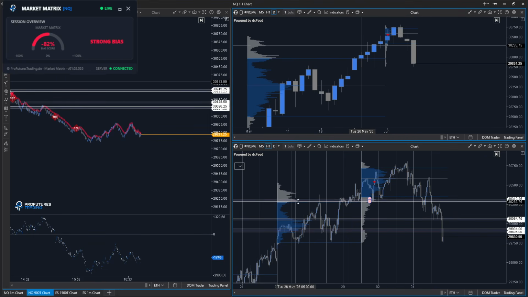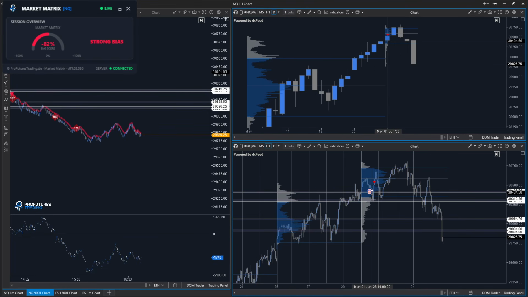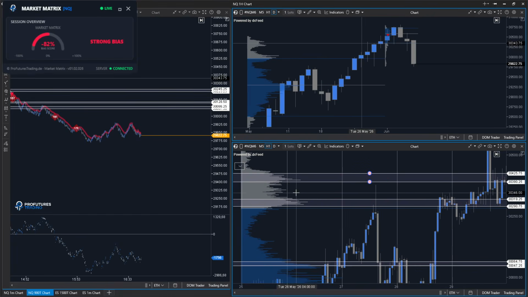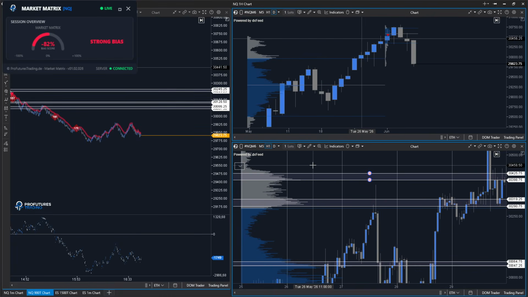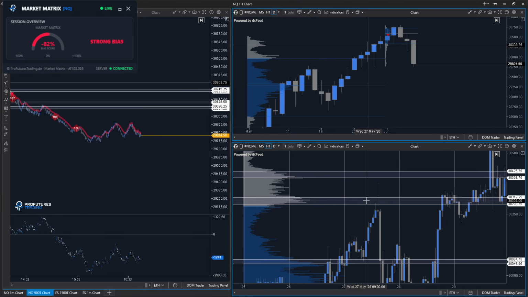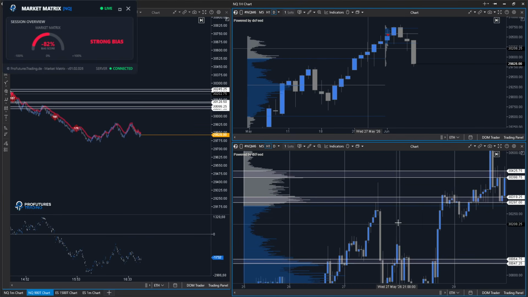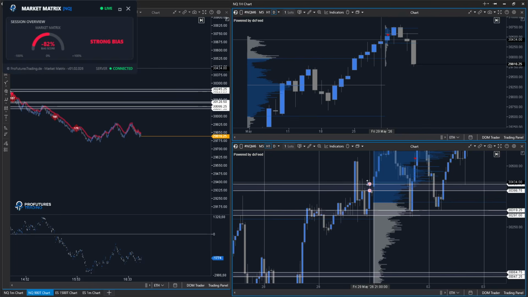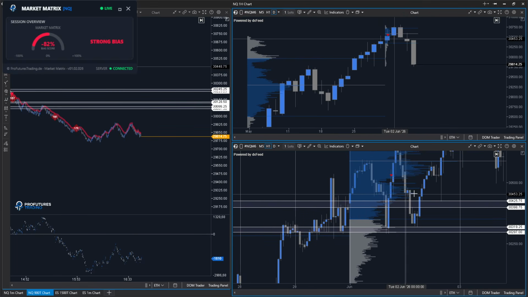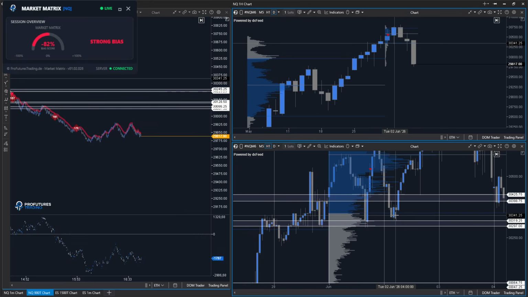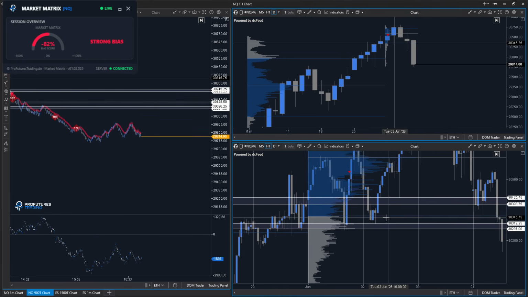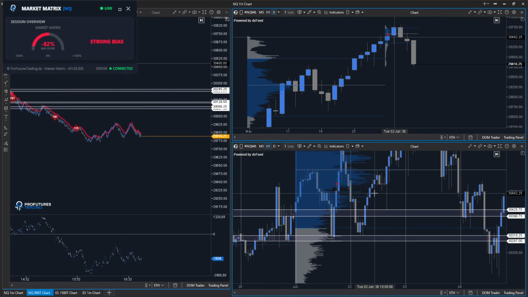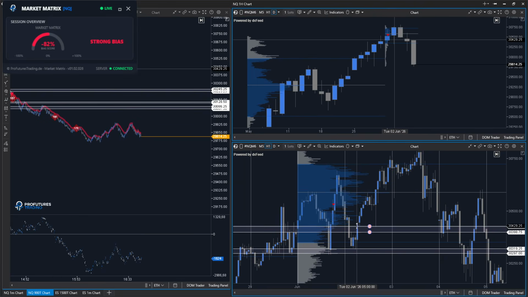like these areas of interest here, the high volume node, then here also the edges, also with the high volume node. When you see this precisely, you can see here the areas of rejection, also here rejection, rejection again, also rejecting, then they broke through these areas of interest and came back to it.